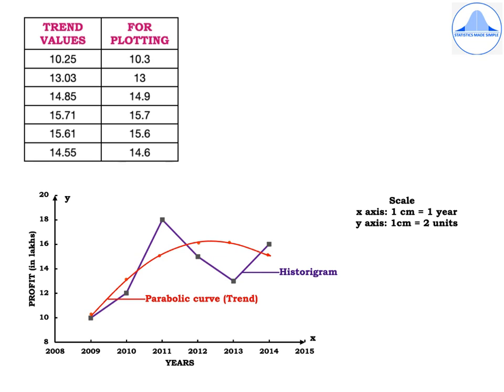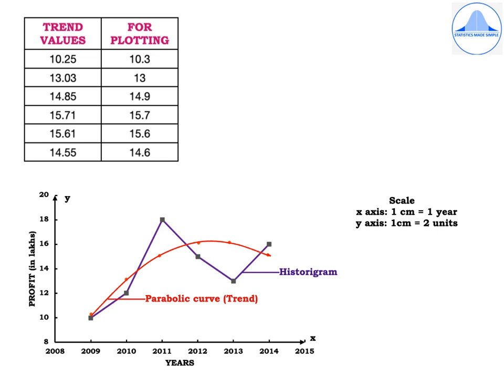To plot the parabolic curve of the trend values corresponding to each year, mark the trend values which I have specified for plotting. That means for 2009, mark 10.3, for 2010 mark 13, for 2011 it is 14.9, for 2012 it is 15.7, for 2013 it is 15.6, and for 2014 it is 14.6.